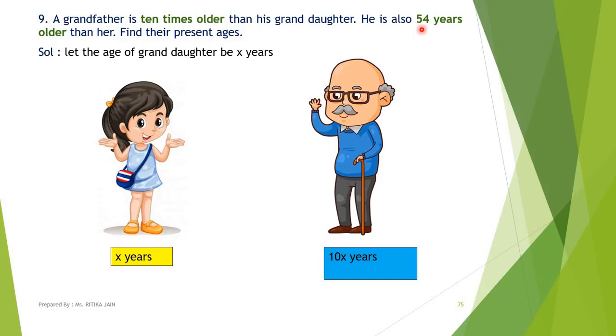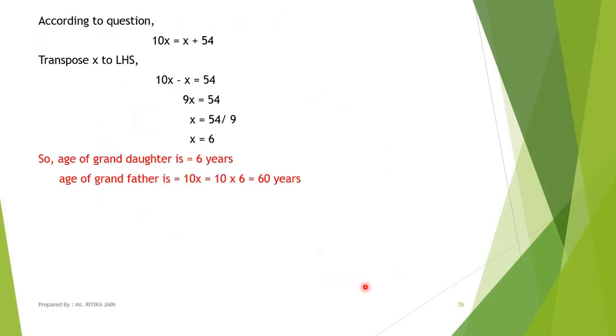Hence what will we do with this 54? This 54 will be added to the present age of the granddaughter. So, present age again 10x is equal to the present age of the granddaughter plus 54. So, this is our required equation now.